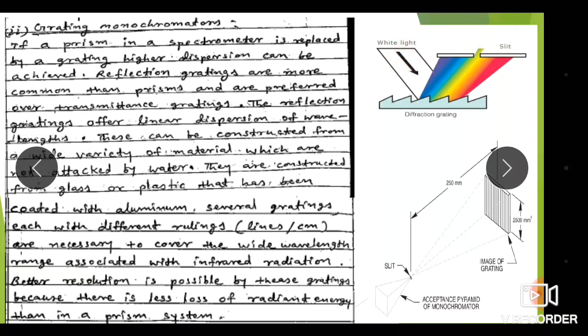Then what is a grating? What is a reflection grating? What is a diffraction grating?